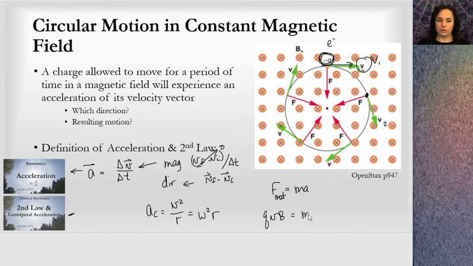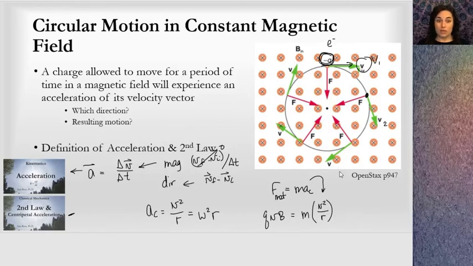So I'm not going to put the factor of 1, but I will plug in v squared over r for the centripetal acceleration, right? There's acceleration here. It happens to be centripetal. And so you can see that this equation simplifies, and it's as easy as this.